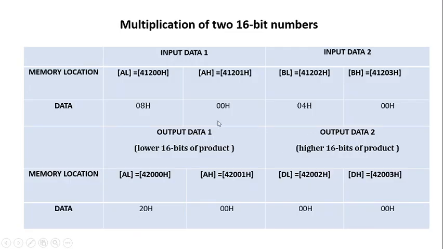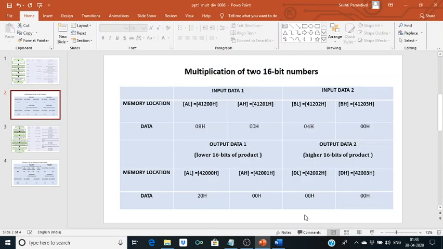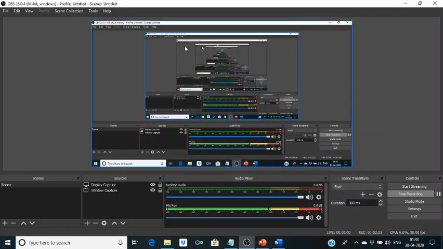Now here for the example I have taken two numbers 0008 and 0004, and we should get the product as 0020, and the higher 16 bits of the product will be 0000. So we will go to our emulator.